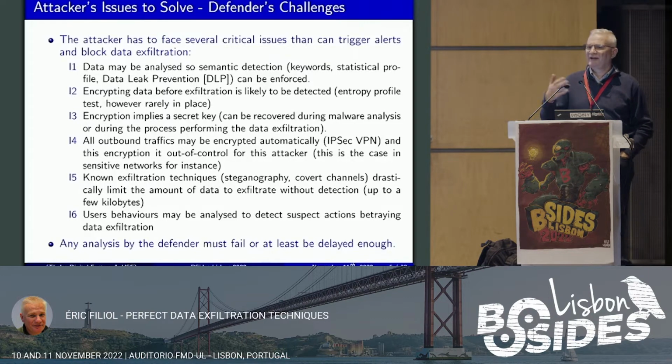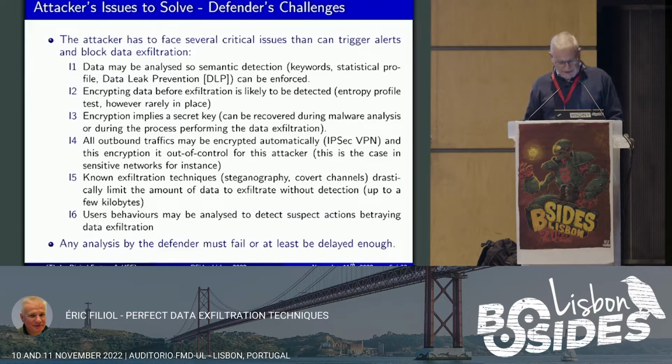So how to exfiltrate data despite the fact that there is such a protection. If you want to exfiltrate much data, techniques like steganography are not possible because the embedding rate, the exfiltration rate, is very, very low, less than 3%. And you have also to consider the user's behavior because the amount of data and the frequency of exfiltration can also be a detection criterion.